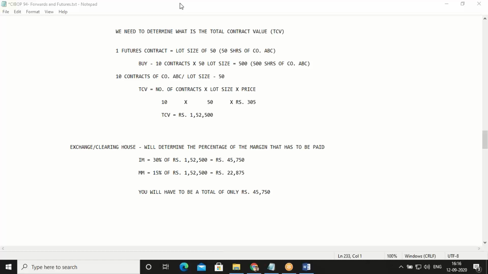So I want to ask one thing. Let's consider we entered into a future contract at 45,750 on 13th of September, that is tomorrow. And on 14th of September, this initial margin went up to 55,750. So can I exit on Tuesday also, or do I have to stick?